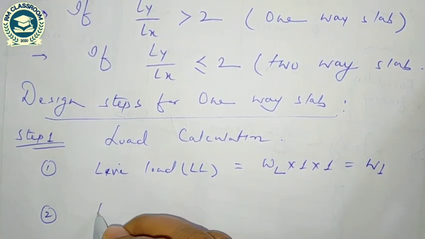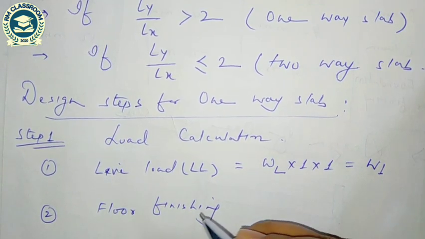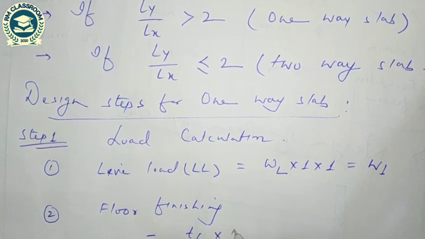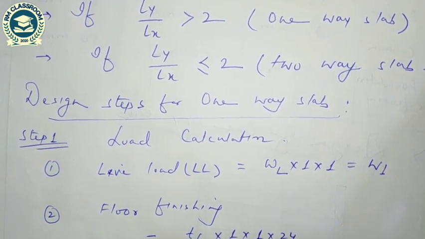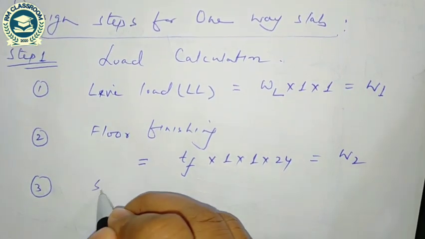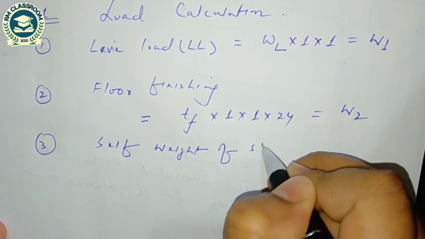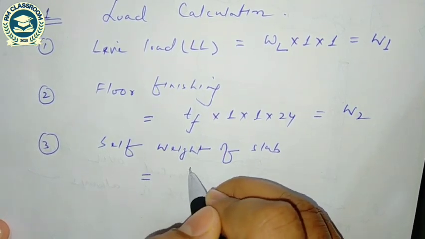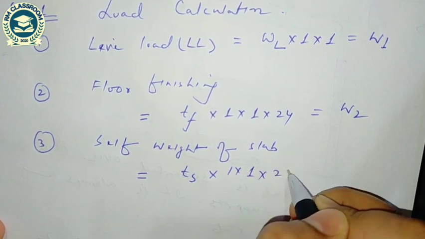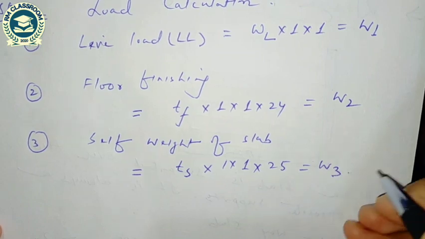Similarly, the second one is floor finishing. Floor finishing is nothing but thickness of floor into 1 into 1 into 24 kilonewton per meter cube. So it is W2. And the self weight of slab W3 is equal to thickness of slab into 1 meter, and the unit weight of reinforced concrete is 25 kilonewton per meter cube.